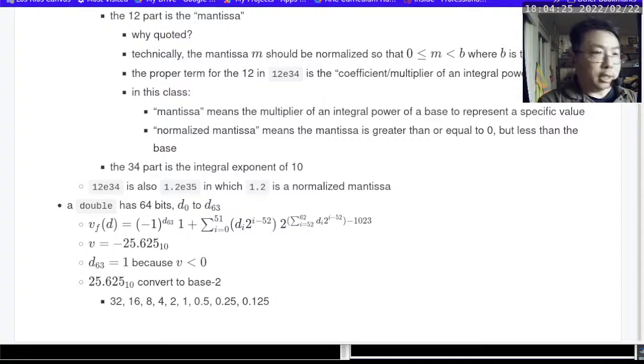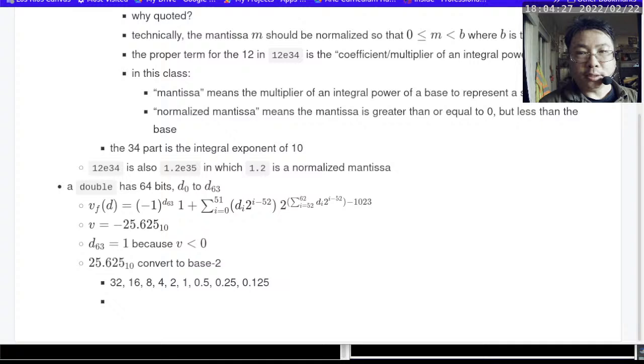So now, just remember the change example, right? When your currency can only have values of 1/8 of a dollar, 1/4 of a dollar, 1/2 of a dollar, 1, 2, 4, 8, 16, and $32. How do you make change for $25.625?